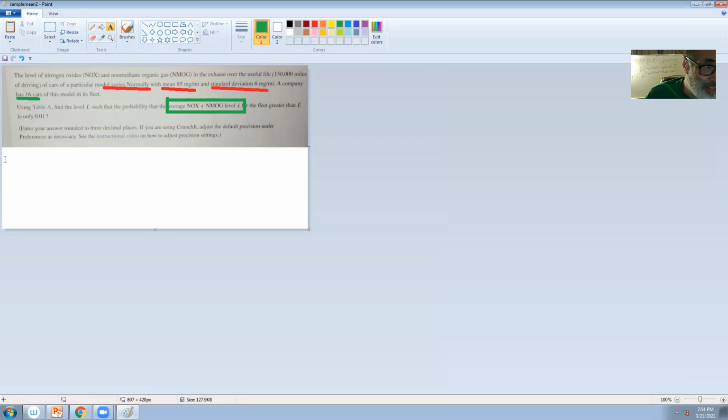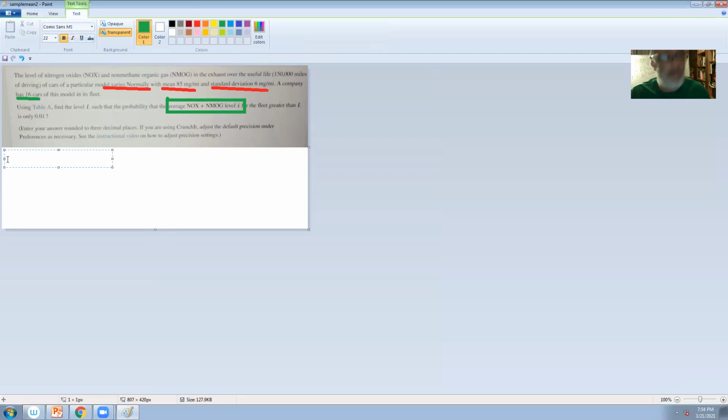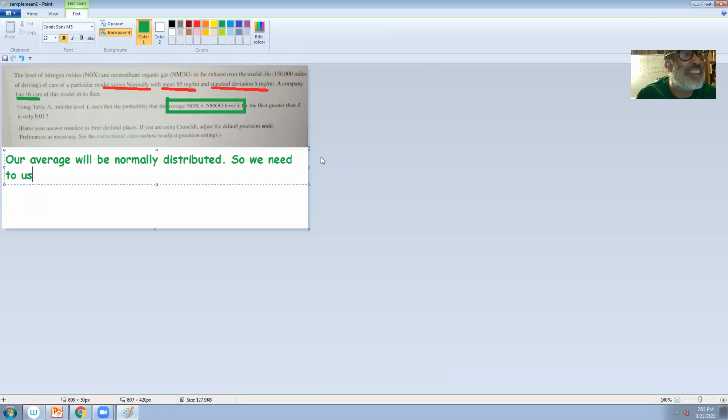Well, here's the thing we realize: our average will be normally distributed, so we need to use the normal distribution.